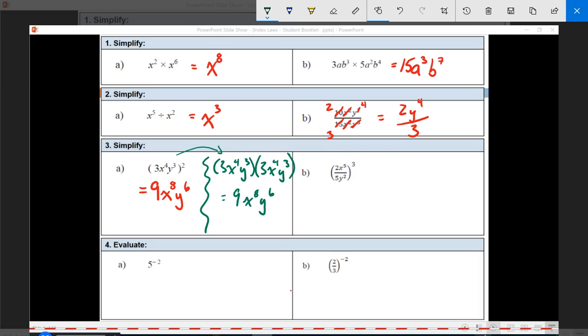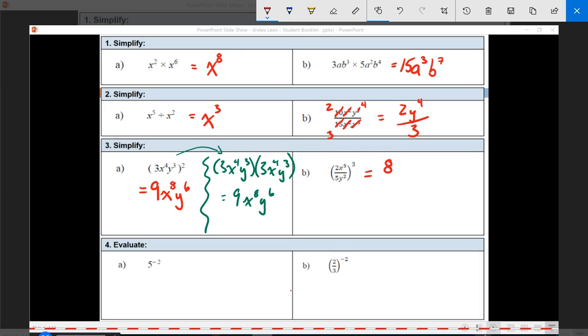So, same thing, guys. I have to give this cubed to every single part of the term on the top and every single part of the term on the bottom. So I'm going to be left with 2 cubed, which is 8.